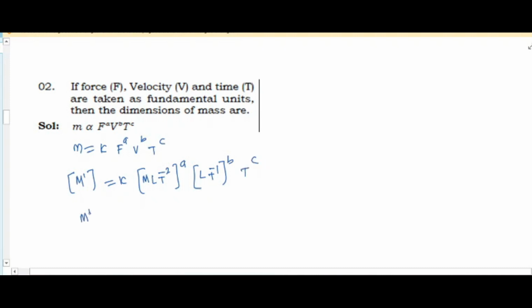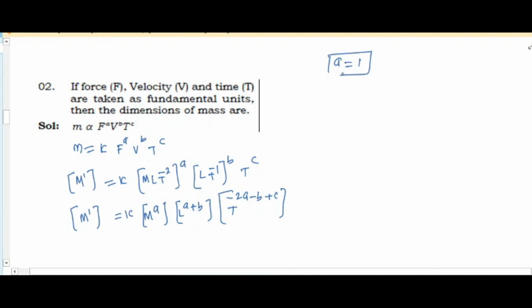This becomes M to the power of 1, k into here M to the power of a, L to the power of a, this is L to the power of b, L to the power of a plus b, and T to the power of minus 2a minus b plus c.